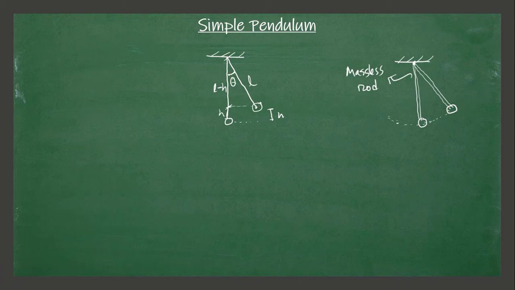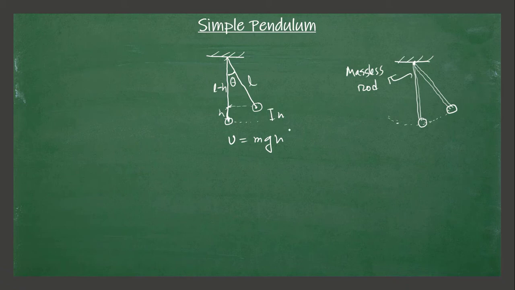Now at this position, what should be the total energy of this pendulum? Well, the total energy is the kinetic energy plus the potential energy, right? Now the potential energy at this point, we can write it down as simply the potential energy U to be equal to mgh at this position, where h is this small height.